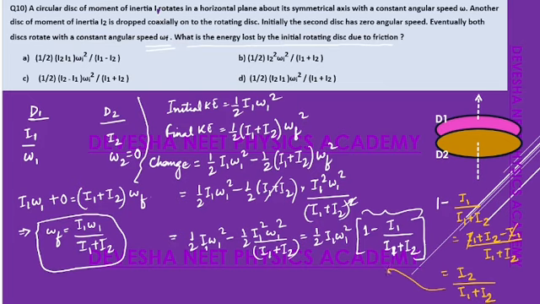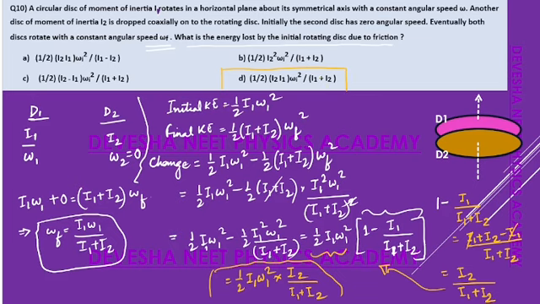Adding this back to the equation, with half I1 W1 square outside, we get half I1 W1 square into I2 upon I1 plus I2. So this will be the answer. Basically it is half I1 I2 W square upon I1 plus I2. If you look at the given answers, D is the answer.